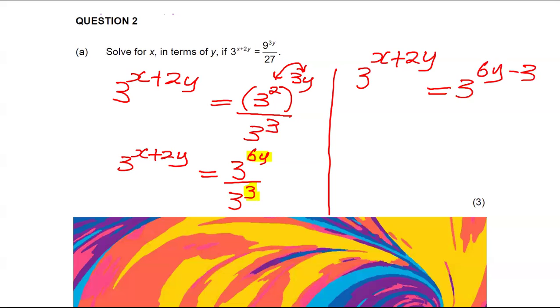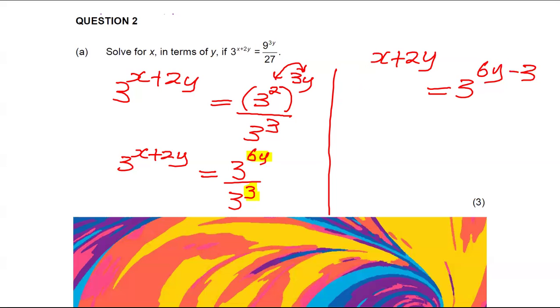Now that the bases are the same, as we needed to do, all you can do now is simply drop the bases, and it comes from the rule that if the bases are the same and you have an equal sign in between, then it follows that the exponents should also be the same, all right?